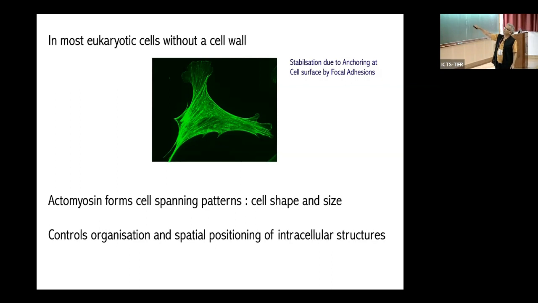The moment you break these lines, the whole cell will collapse. Now, since it's adhered to a substrate like the table, these lines are held taut by anchoring sites on the cell surface. These are called focal adhesions.